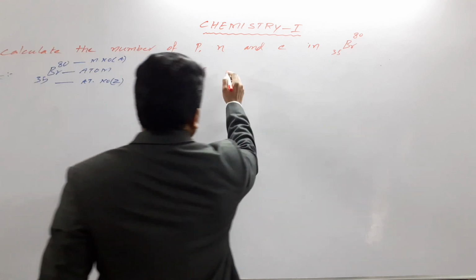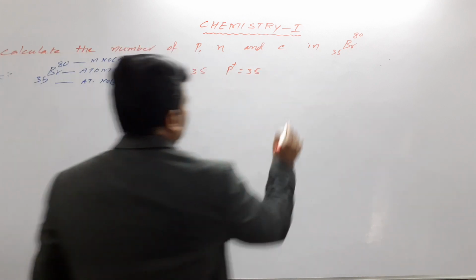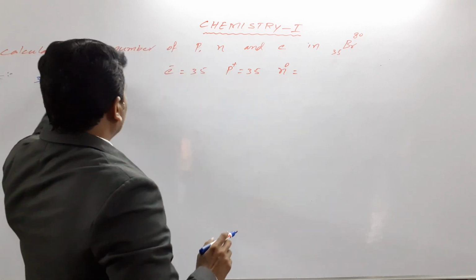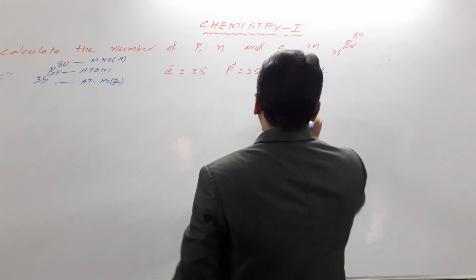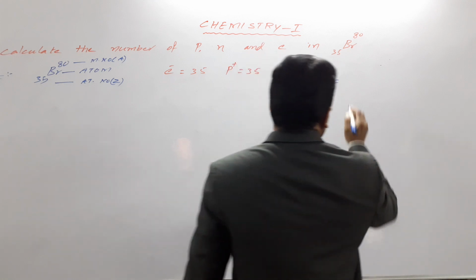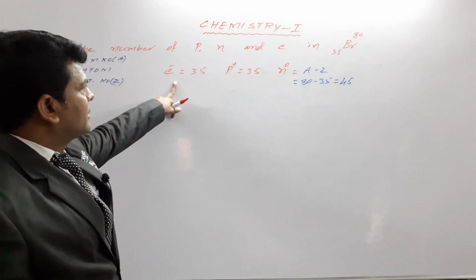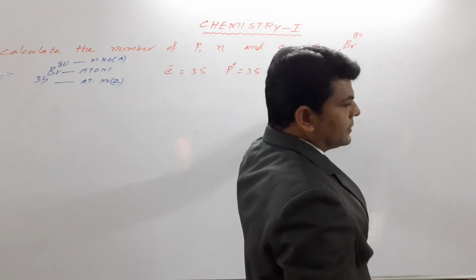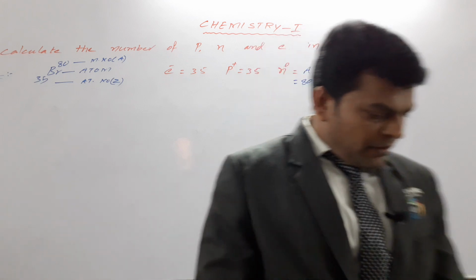Next, protons is equal to 35. Next, neutrons is equal to A minus Z. A means 80, Z means 35. So how many? 45. It contains 35 electrons, 35 protons and neutrons, A minus Z, 45. This is the problem given to us.